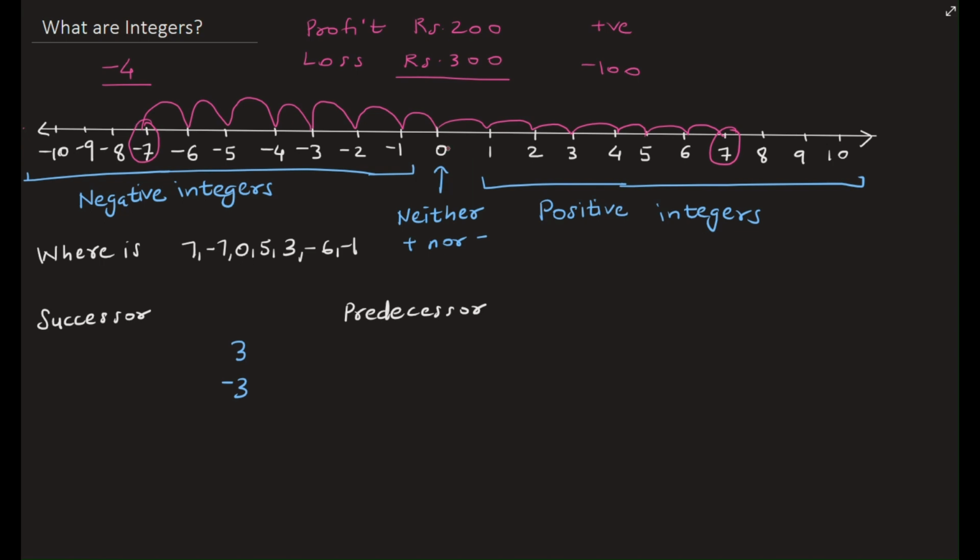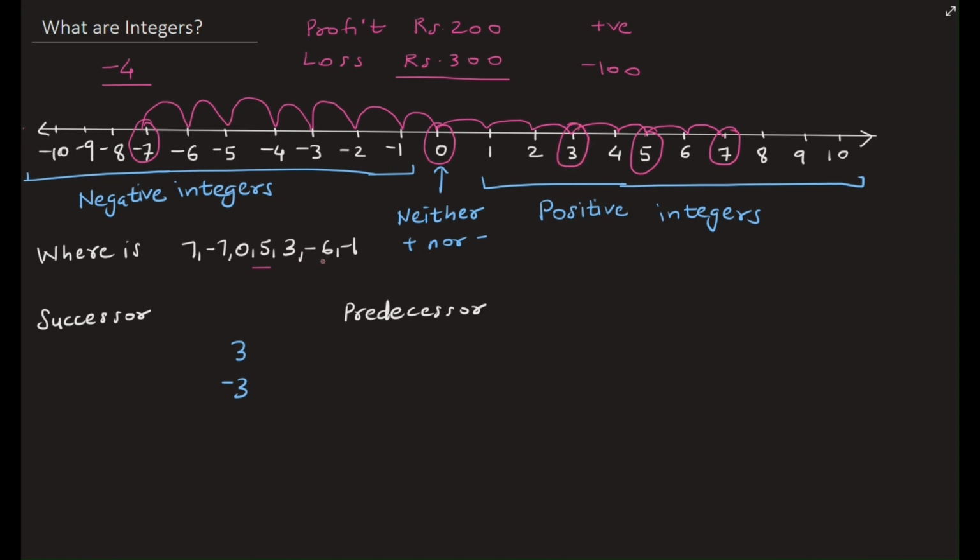Next number is 0. So right in the middle, we have 0. Then we have positive 5. So we move 5 steps to the right of 0. 1, 2, 3, 4, positive 5. Then you have positive 3, 3 steps to the right of 0.